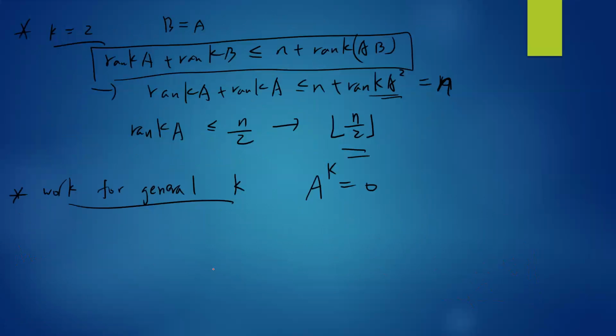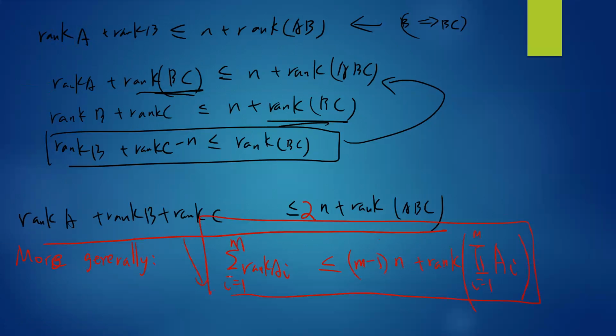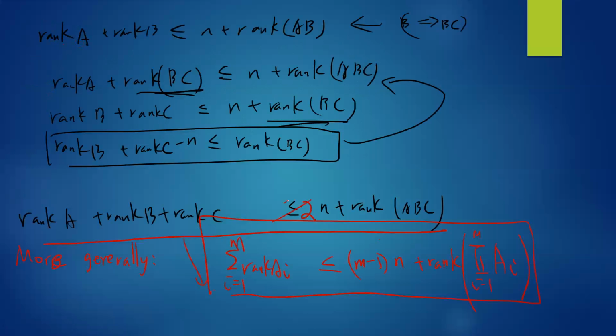Now we can solve the general question. Let's consider A to the K equals 0. Our inequality tells us we can choose m to be K, because then A to the K is 0.